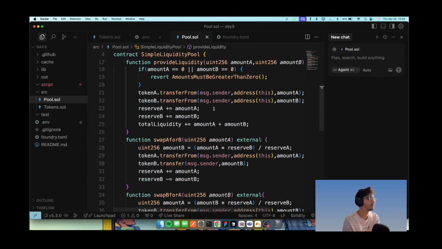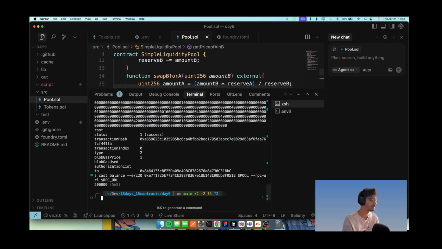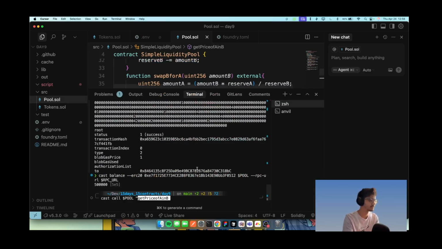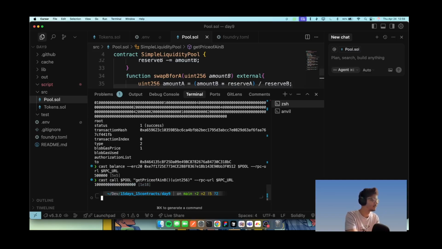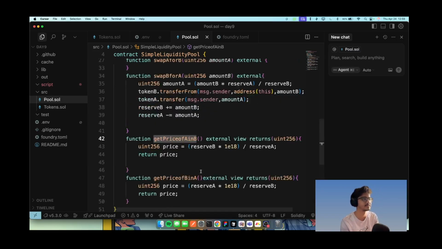Now let's call the functions for get price of A and B. So cast call pool, the function is called this, and it has no parameters, but it returns uint256, and RPC URL, so that is equal to 1. And let's call the other function here, price of B in A, same price. So both are priced at the same thing here.